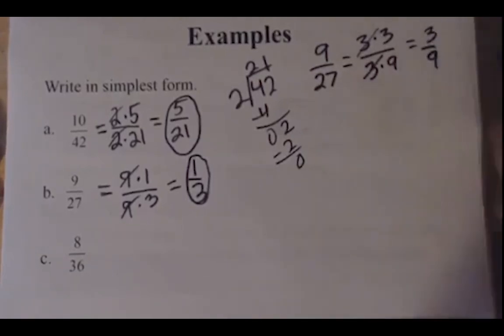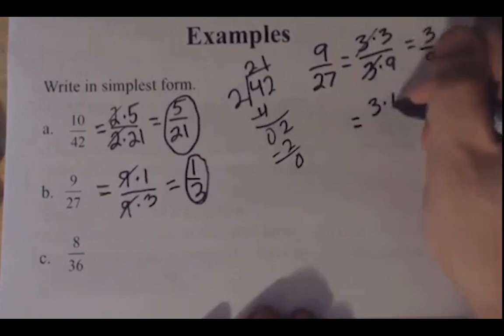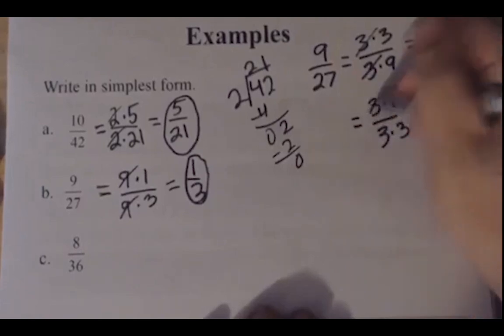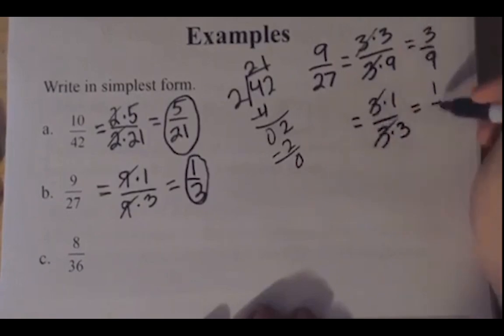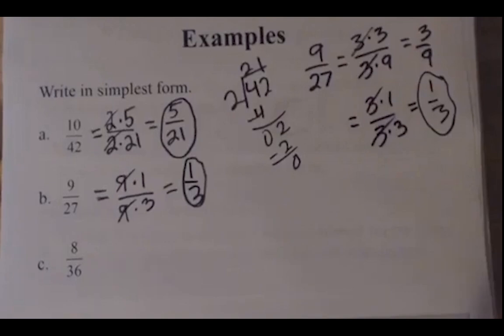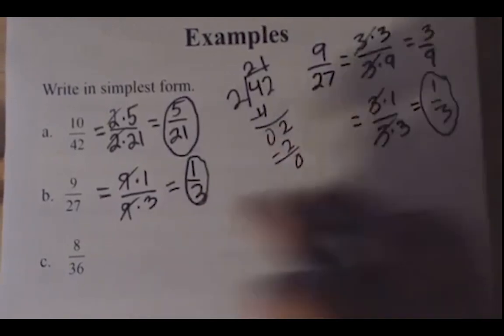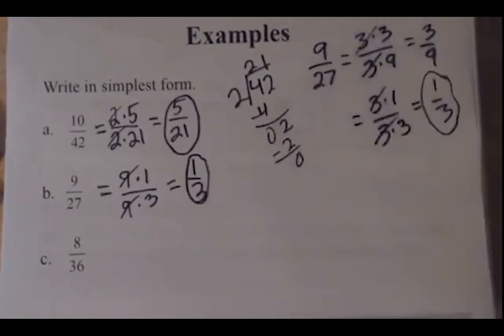That can't be simplest form, though, because 3 and 9 still have something in common. 3 times 1 is 3. 3 times 3 is 9. Cancel the 3's to get us down to 1/3. So no matter how many times it takes, you're going to get to the correct answer of 1/3.